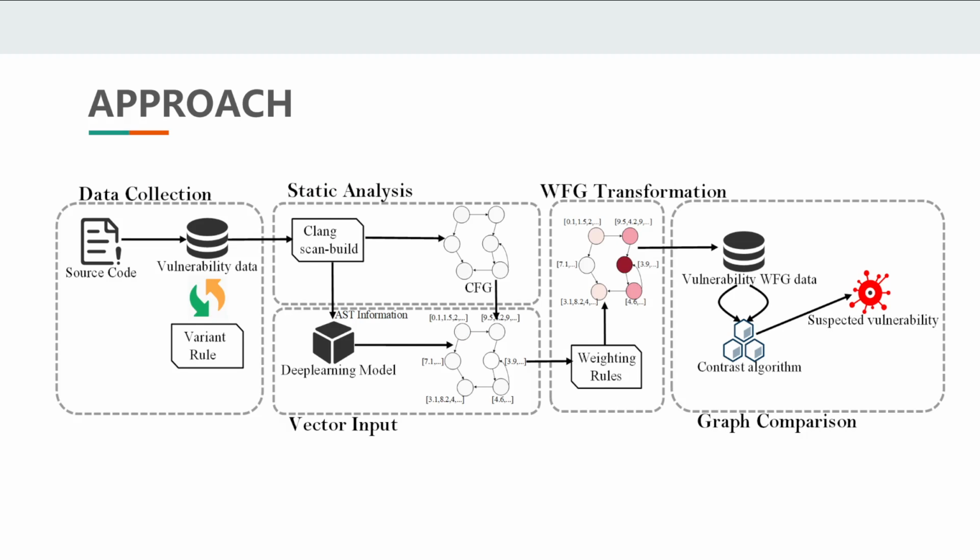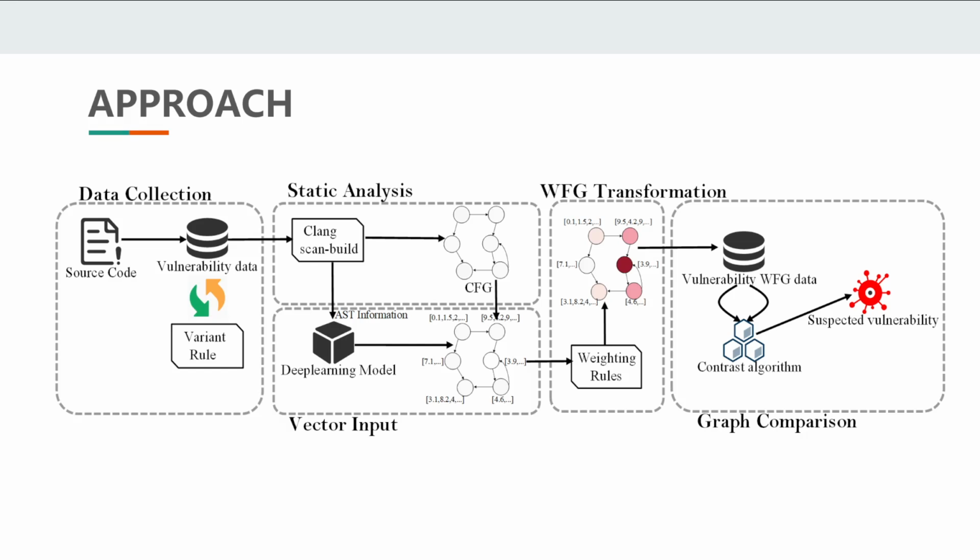Next, let's go to the second part and introduce the basic design of the model. The figure shows the main framework of our model, including data collection, static analysis, vector input, weighted feature graph conversion, and graph comparison.